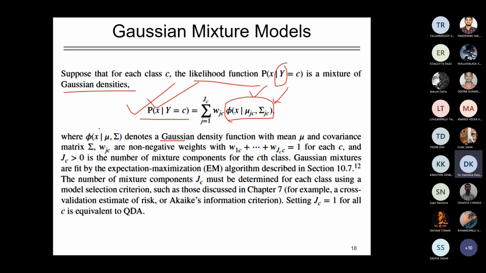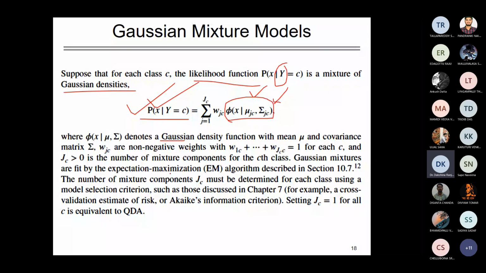Now how can we fit these Gaussian mixture models? If we consider this Gaussian mixture model for a particular class C, then we can use two different mechanisms. One is called expectation maximization. We apply the expectation algorithm as well as maximization in order to get the Gaussian mixture fit to the data points.